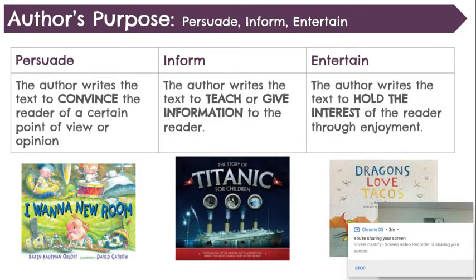Also, while we are listening to the story, remember that authors write books for different purposes. And I want you to think about, what do you think the author of the story of Ruby Bridges' purpose was? To persuade or to convince the reader of something, to inform or give information or teach about a topic, or for entertainment, to hold the interest of the reader.